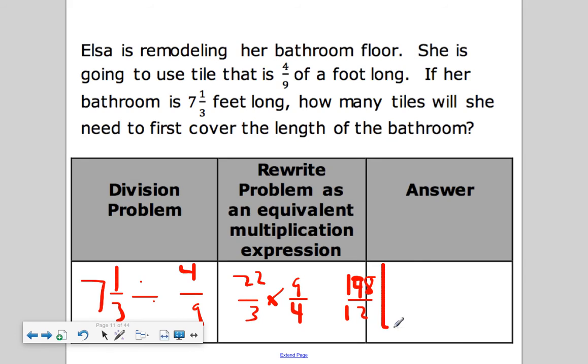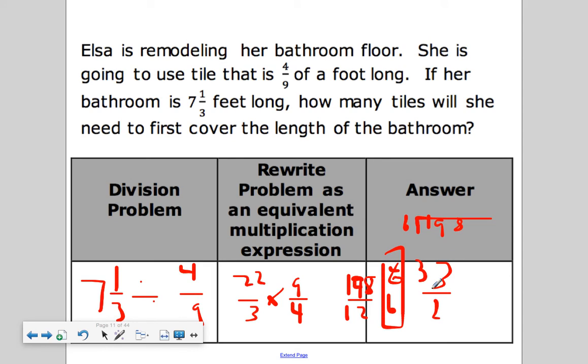I can divide both numbers by, let's divide both numbers by 6 for now. 198 divided by 6 goes in 33 times, and 12 divided by 6 is 2.